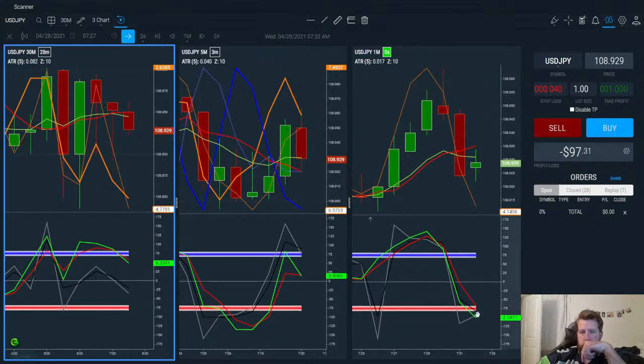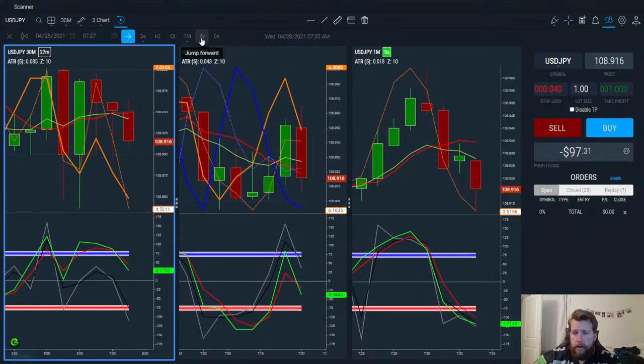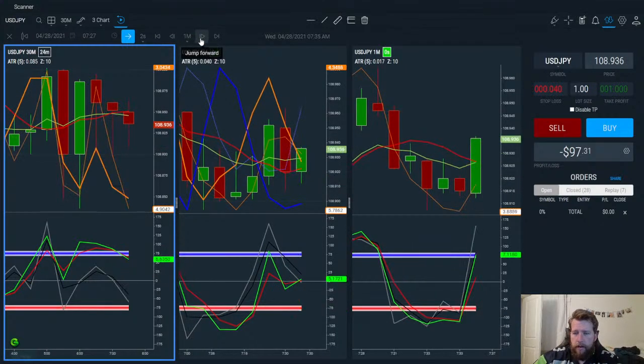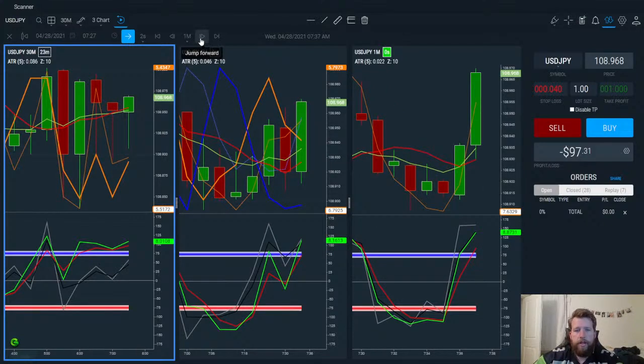Okay, bearish Hydra. Let's just look at this and see if this is going to be more rejecting here. Could have got some points there. Bullish Hydra.